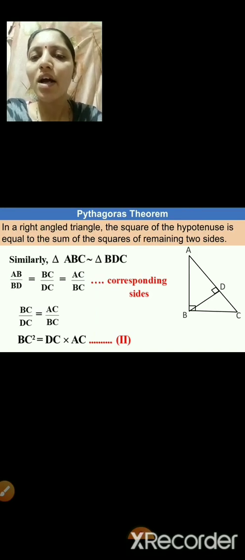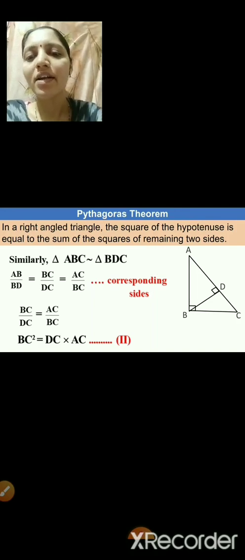Now similarly, you have to consider triangle ABC is similar to triangle BDC. Now here also the corresponding sides must be in proportion. So AB upon BD is equal to BC upon DC is equal to AC upon BC.